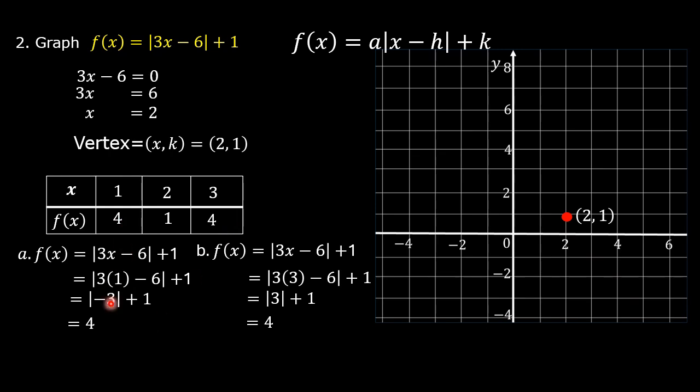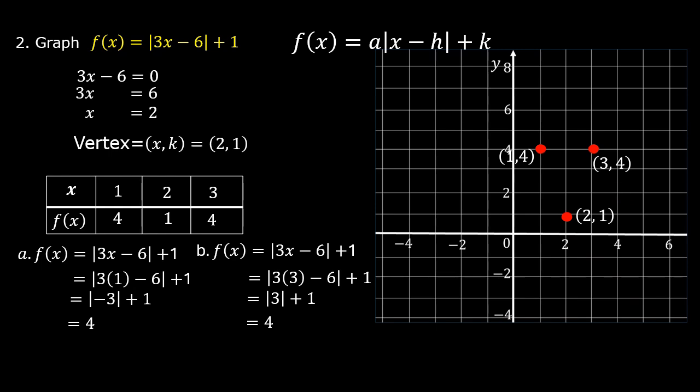Let us plot these points on the coordinate plane. This is point 1, comma 4. 2, 1 is already plotted on the coordinate plane. 3, 4. This is the point 3, comma 4.